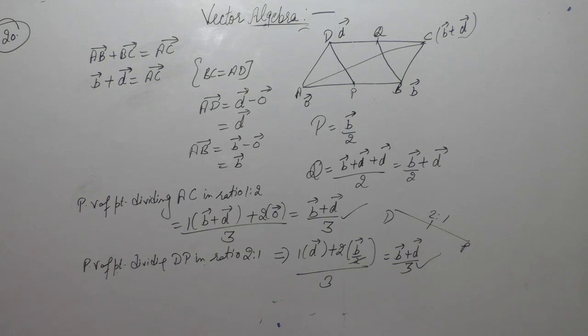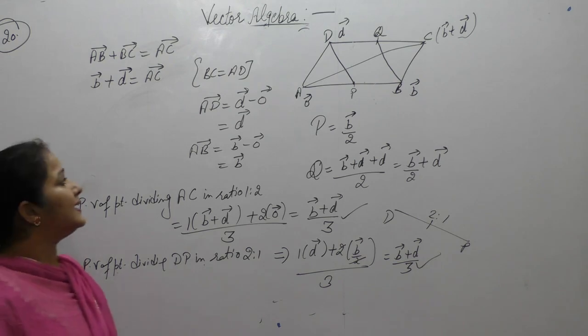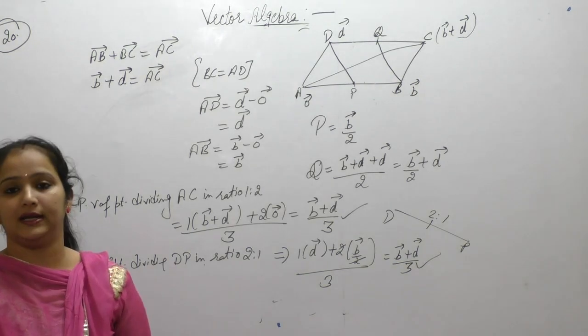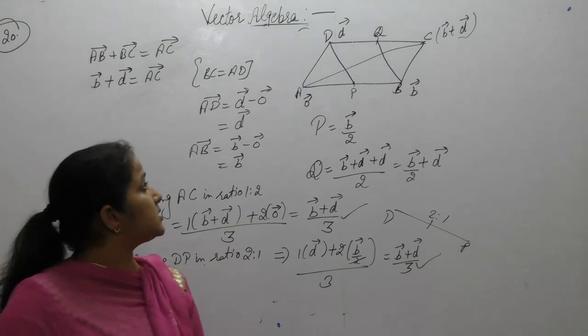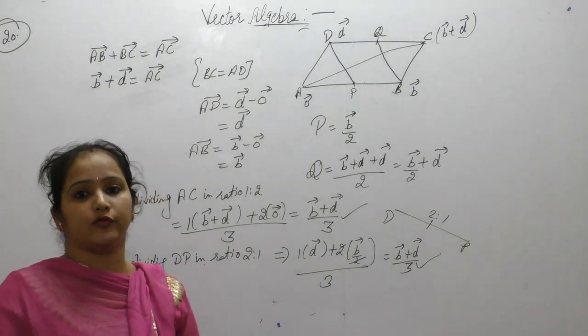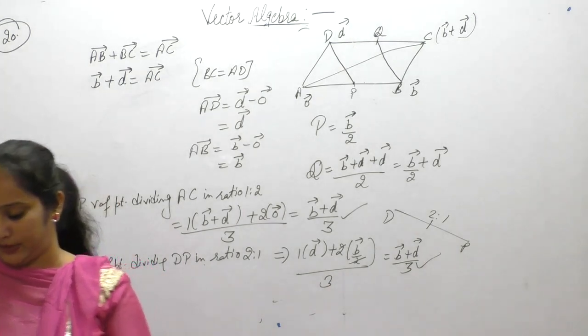So the point of trisection of AC coincides with the point of trisection of DP. Hence, DP cuts the diagonal AC in its point of trisection, which is also a point of trisection of DP.